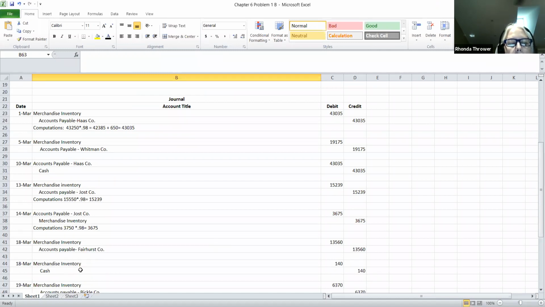So merchandise inventory is going to be debited because shipping costs add to the cost of the merchandise inventory. So merchandise inventory can be debited for the purchase. It can also be debited for the shipping cost if the terms are FOB shipping point.